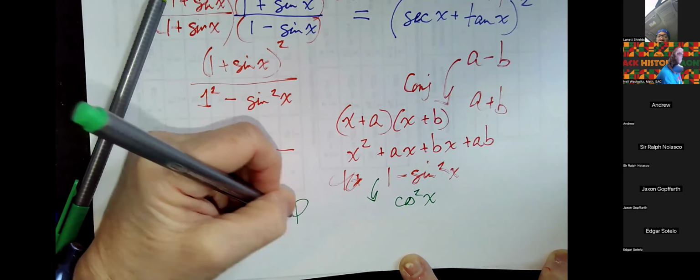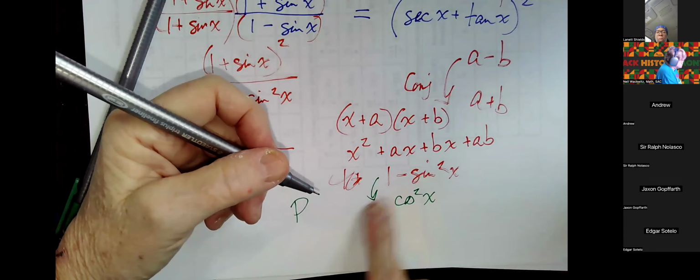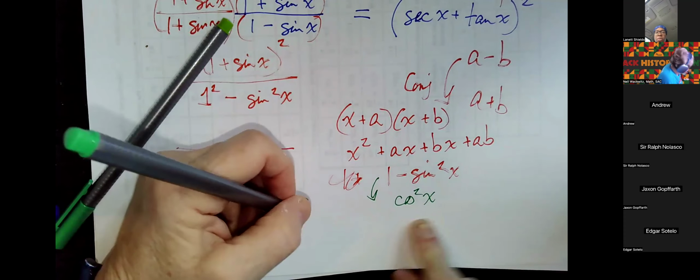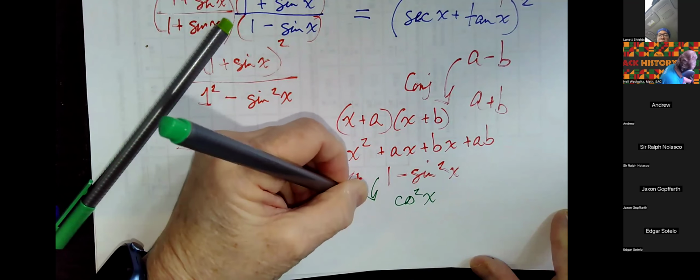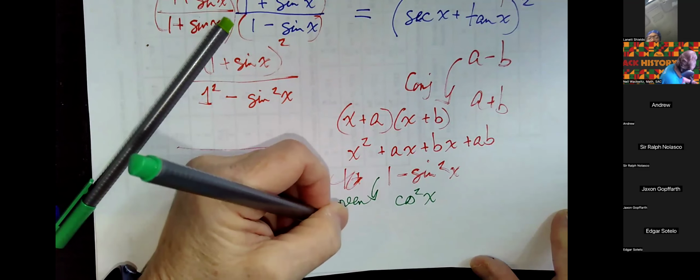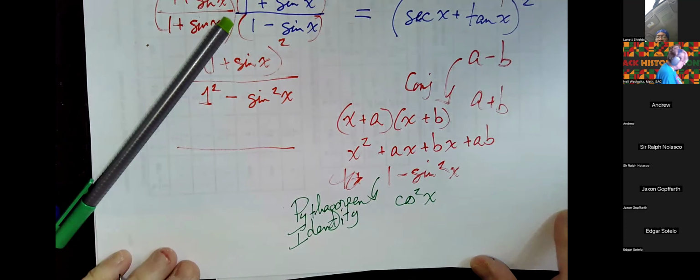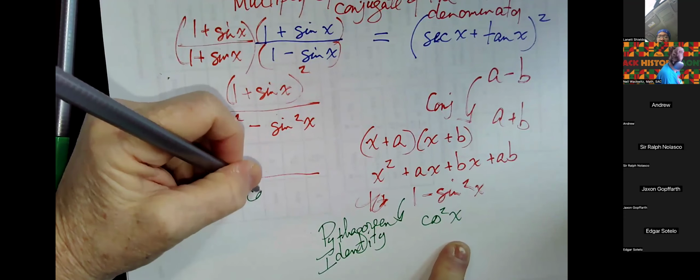Starts with a P. It's a Pythagorean identity, yes. Beautiful. So now we've got a denominator that has only one term.